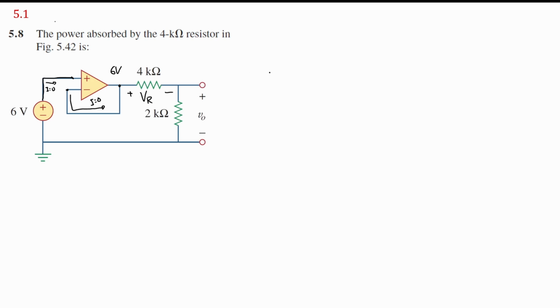divider formula? So, the voltage divider formula is V is equal to voltage source, so pinataas, multiplied by the resistance in question na resistance ng voltage.